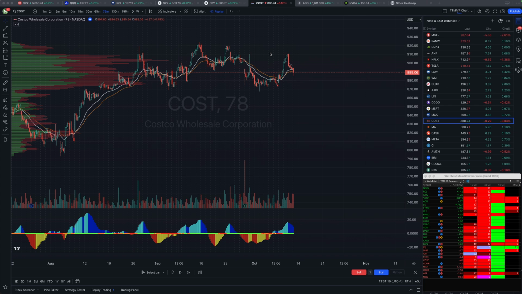Brian, why does this work? Human psychology. I mean, they're mathematical levels, but other people are using them. It's essentially human psychology, and algos that will say start buying at a 618 retracement, that sort of thing.